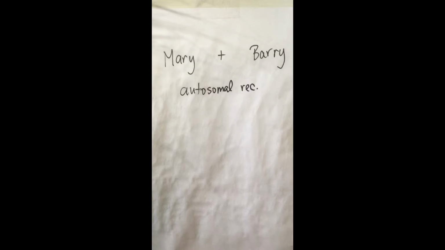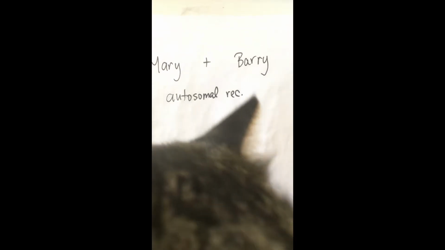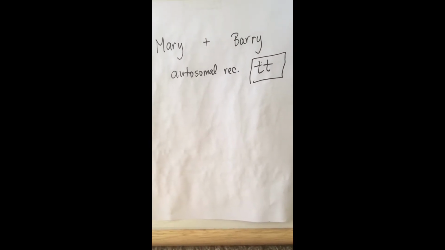Well, it is a disorder where you have to have two recessive alleles in order to have the disorder. So we're going to come up with our genotype for autosomal recessive. In this case, we'll use T. You have to be the tt genotype in order to have the disorder. Okay, so now let's move on.